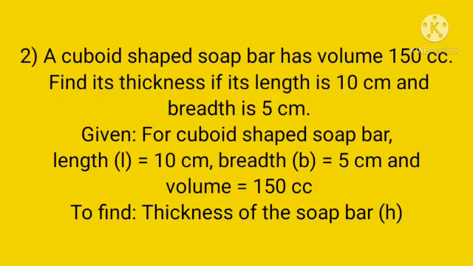Given for cuboid shaped soap bar, length L is equal to 10 centimeters, breadth B is equal to 5 centimeter and volume is equal to 150 cubic centimeter. To find thickness of the soap bar, that is H.